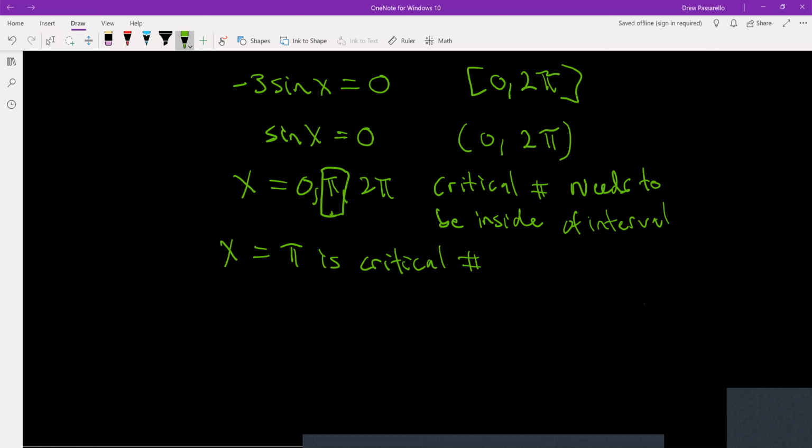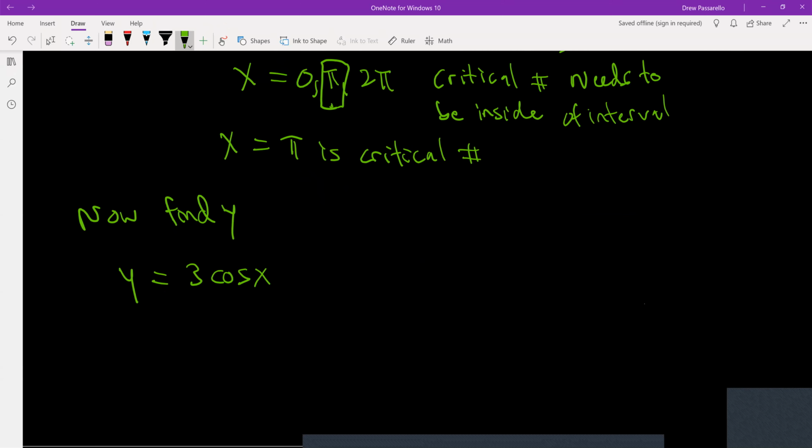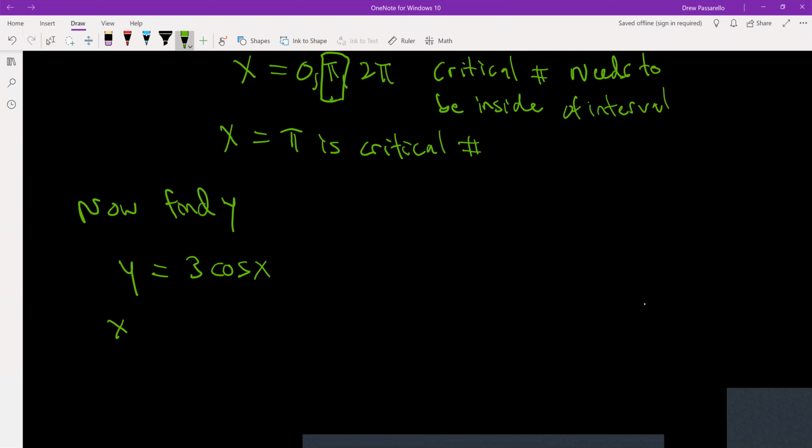All right, so now I just find the y coordinate that goes with the critical number. So the original function is y equals 3 cosine x. Now if I plug in pi, it's going to be y equals 3 cosine of pi.